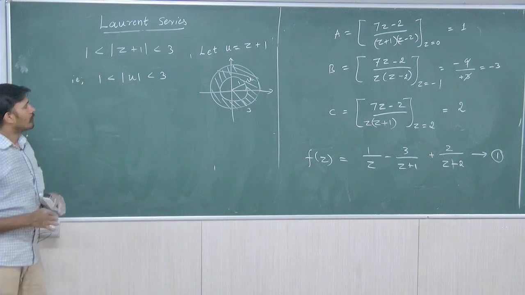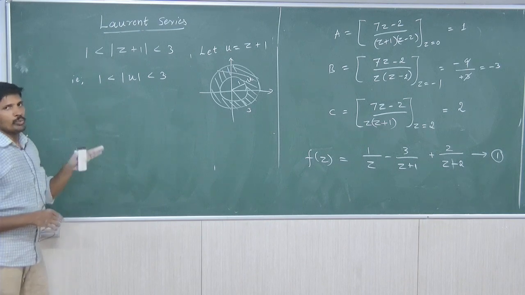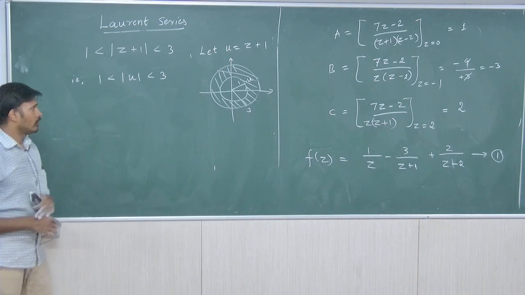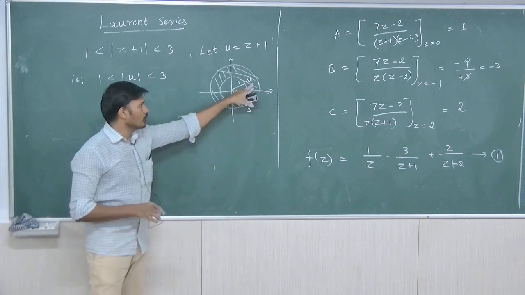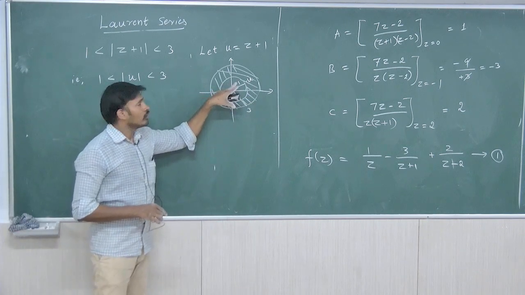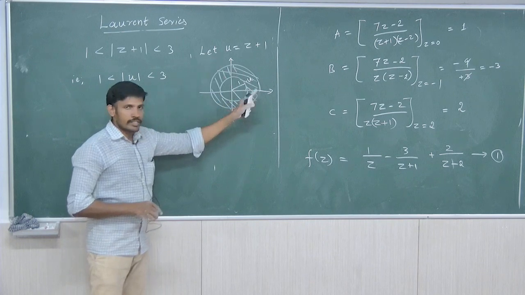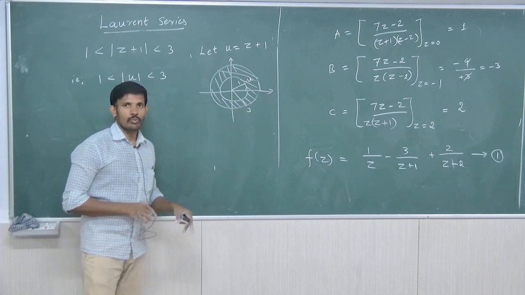If you take any point u inside the region, then modulus 1 by u is less than 1. Similarly, u by 3 is also less than 1.